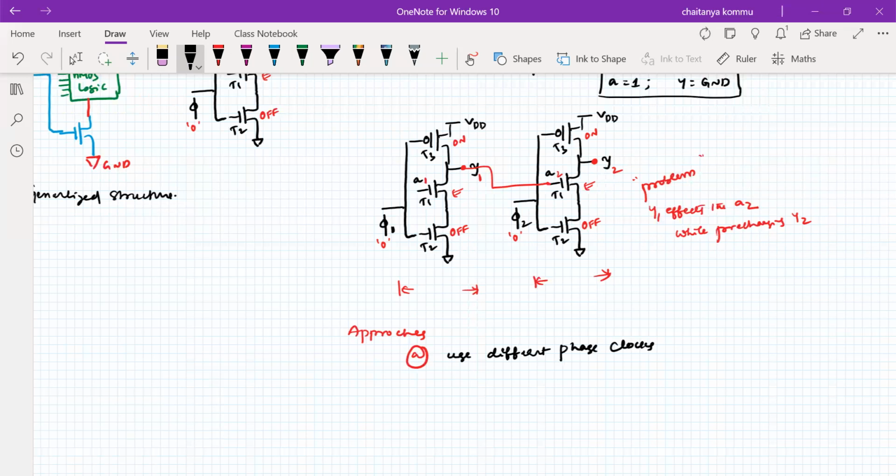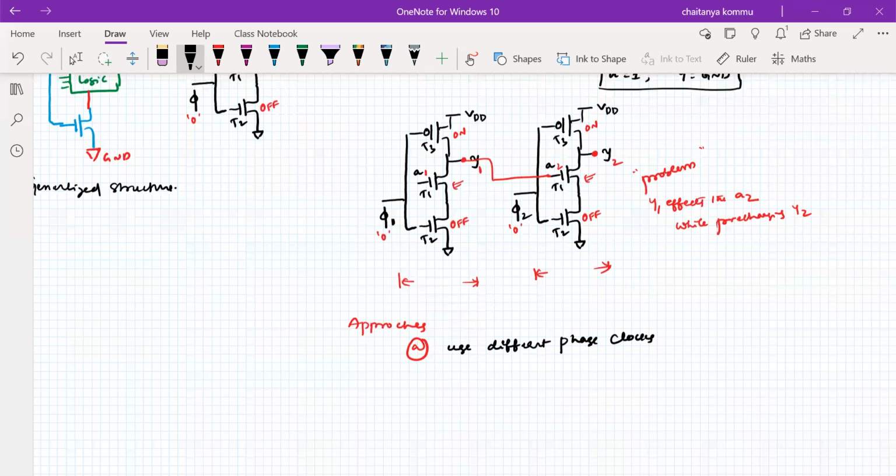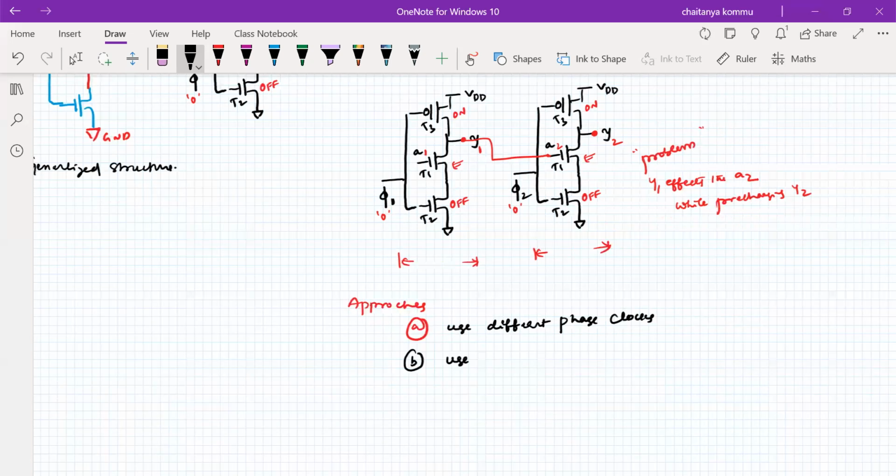Like this, different phase clocks you have to consider. The second approach is that we have to use transmission gates at the output.